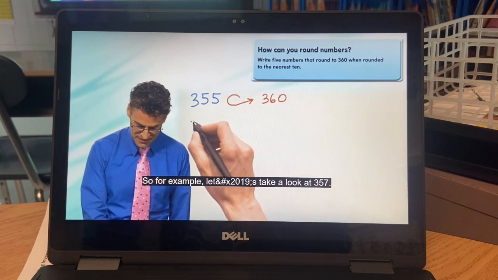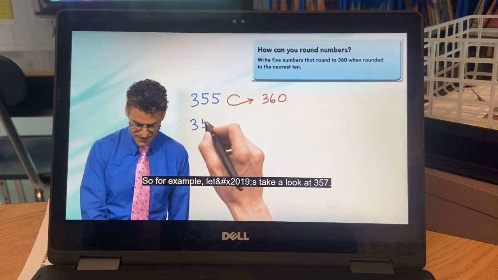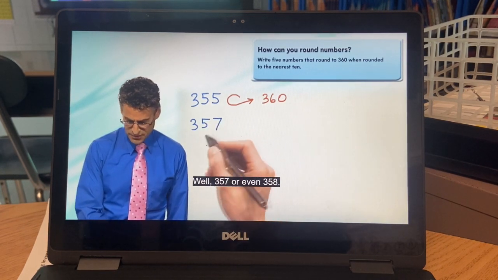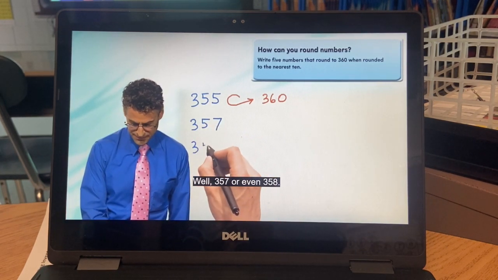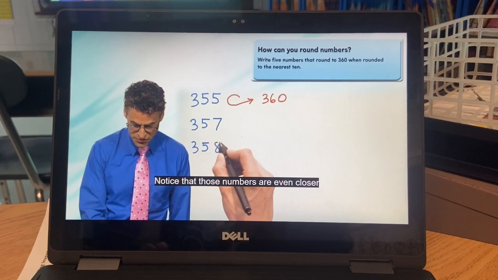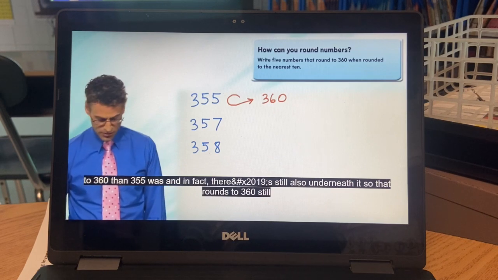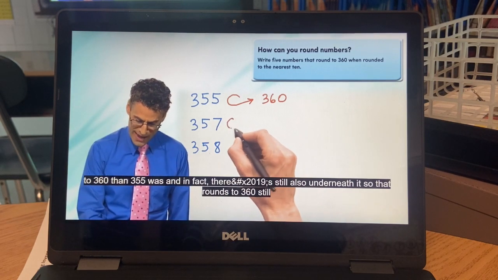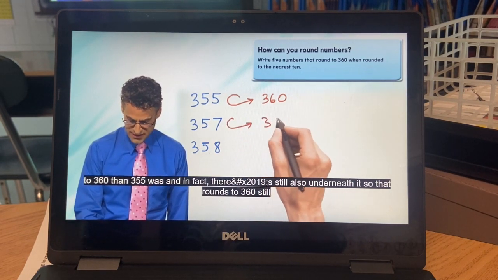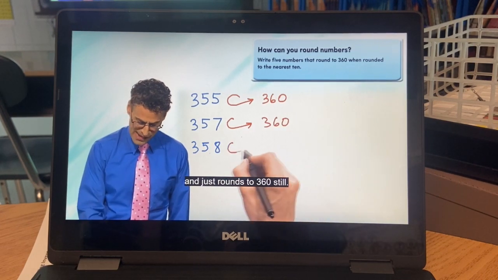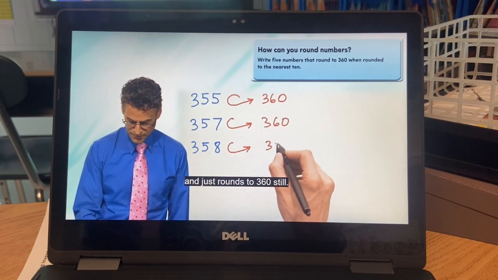For example, let's take a look at 357. Well, 357 or even 358, notice that those numbers are even closer to 360 than 355 was, and in fact, they're still also underneath it. So that rounds to 360 still, and this rounds to 360 still.